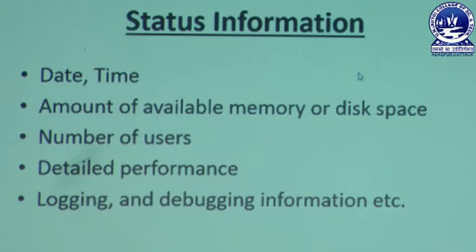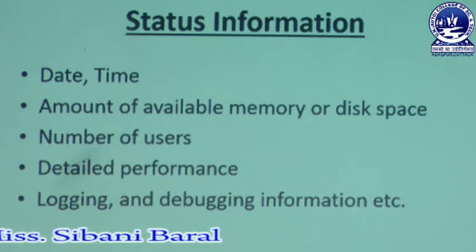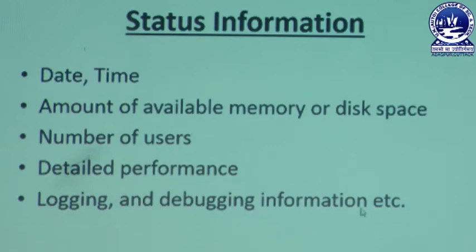For example, they can ask the system for the date and time, the amount of available memory or disk space, or the number of users, and also for other detailed performance information and more complex information like logging and debugging information, etc. So, all the programs that deal with the status information of your system fall under this category of status information programs. Then the next one is what?